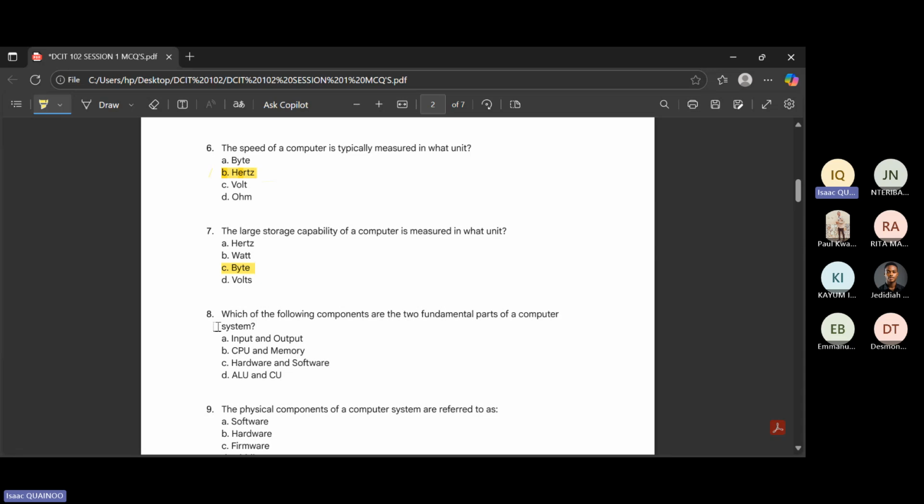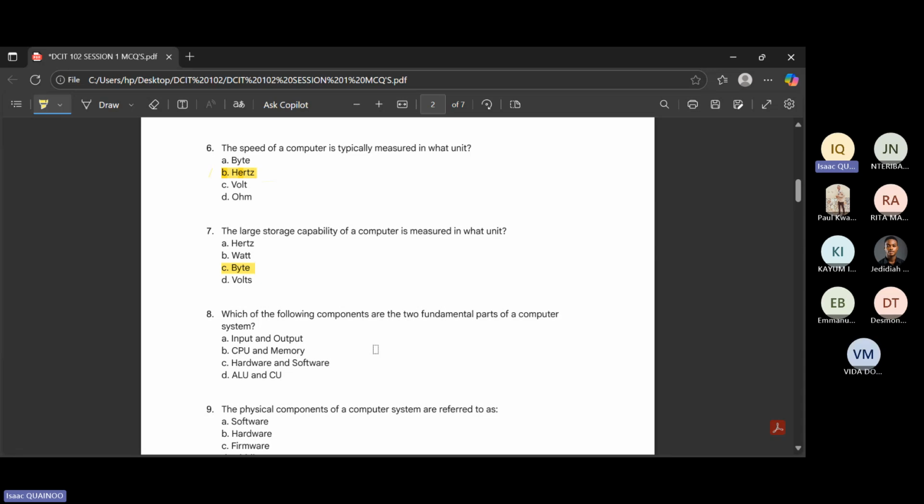So question 8, which of the following components are the two fundamental parts of a computer system? All these are important parts, but we're talking about fundamental parts of a computer. So input, output, CPU and memory, hardware and software, ALU and CU. If you are asked to choose the two fundamental parts, which would you settle for?